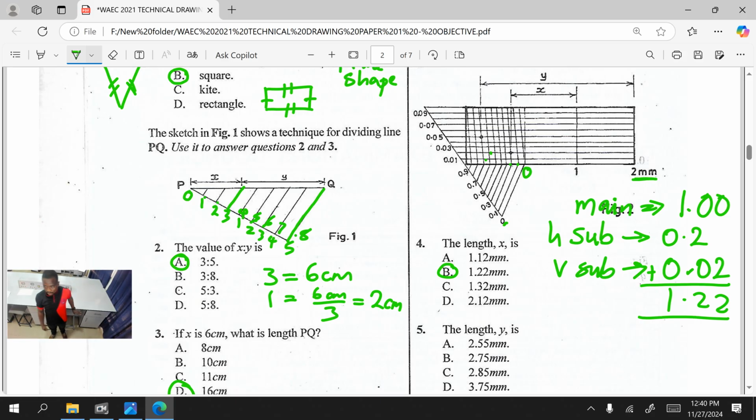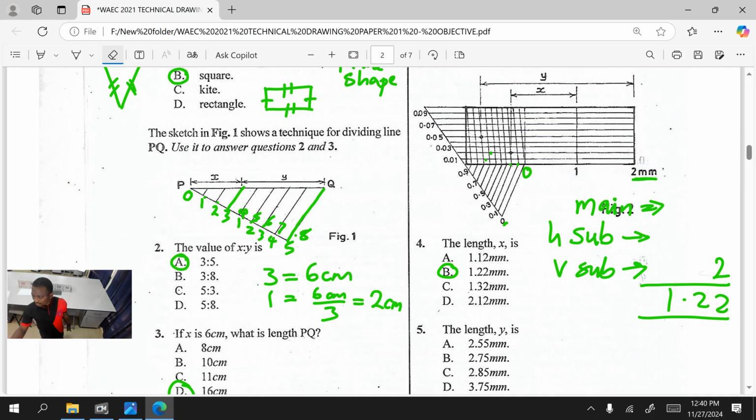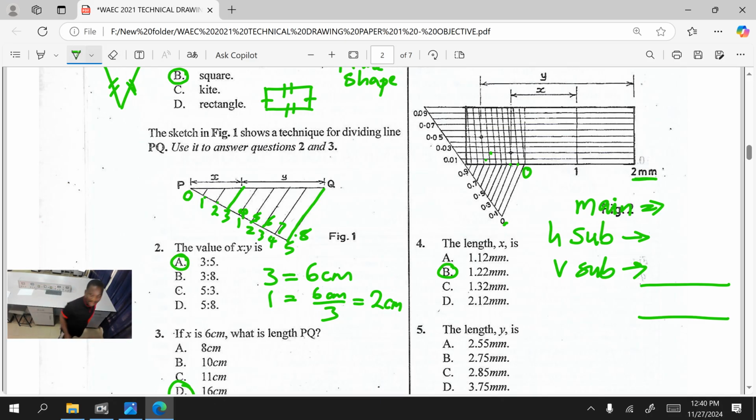The length Y is what? The same thing. The length Y is what? Let's clean the one for X and find the one for Y. Okay, let's go back. For Y, to the right, where does it stop? The main scale is what? 2.00. Can you see that? Then for Y, let's count for the horizontal scale. Where does it get to? 1, 2, 3, 4, 5, 6, 7.